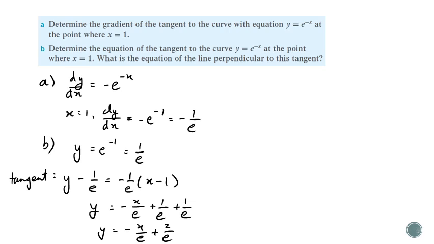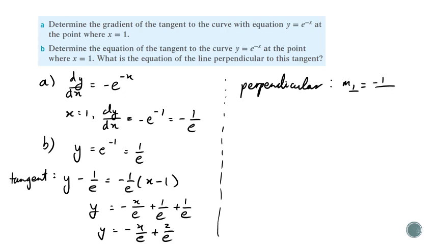Alright, then if we want the perpendicular one, we then need to use negative 1 over the gradient, negative 1 over e. That gives us negative 1 divided by negative 1 over e. So keep the first one, change the divide to a times, and then flip it. Negatives cancel, and we're left with an e.